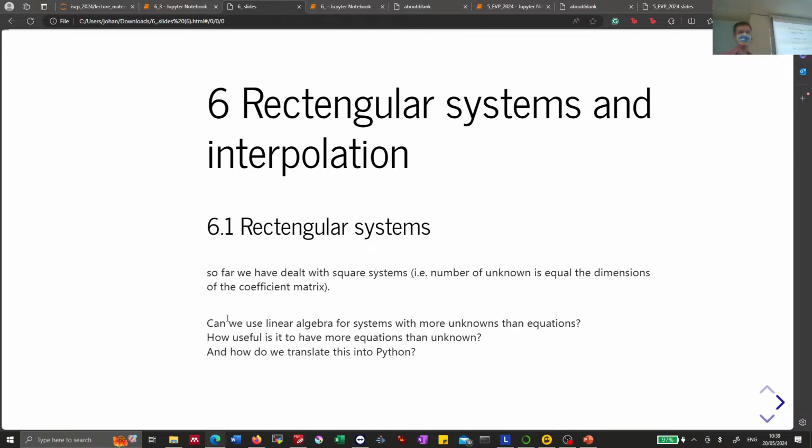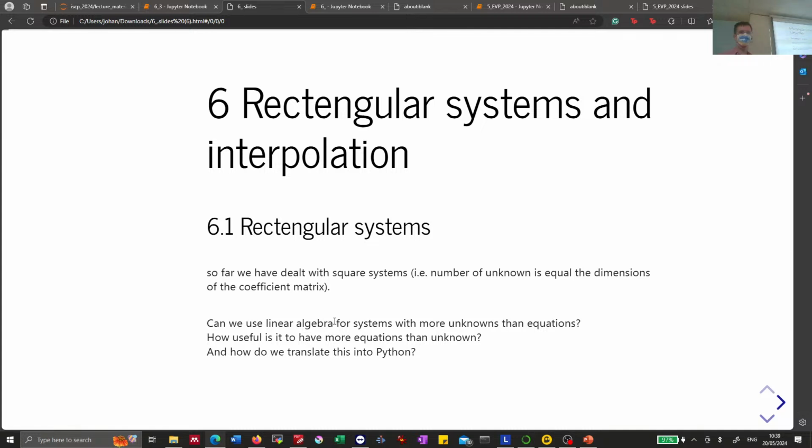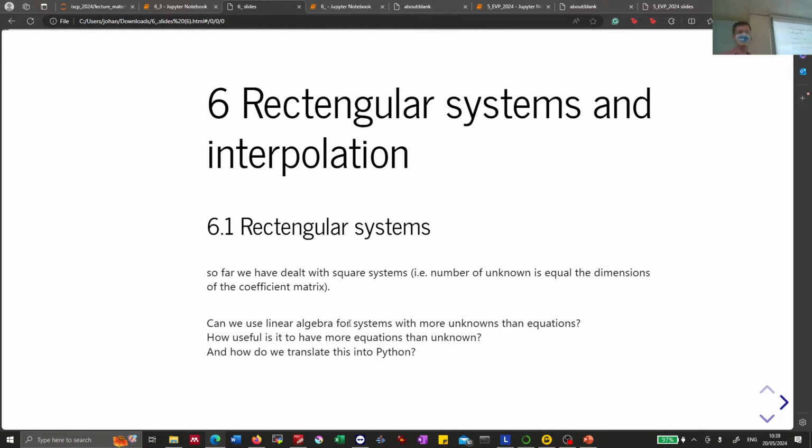So yeah, a few questions you can think about. Can we use linear algebra for systems with more unknowns than equations? And again, system here is short for system of equations. How useful is it to have more equations than unknowns?